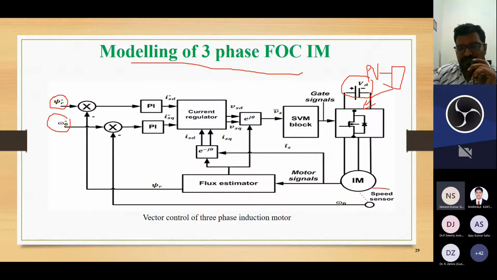With the help of the speed sensor, we get how much speed the induction motor is running at. Once we compare it with the reference value, we can achieve the ISQ. Similarly, the flux is compared with the help of the flux estimator, and the flux at which the motor is operating is psi r.